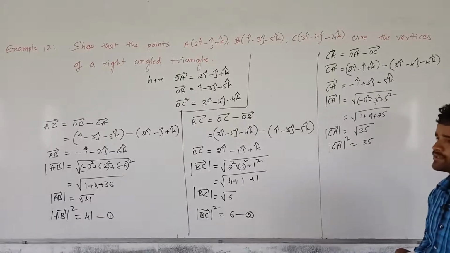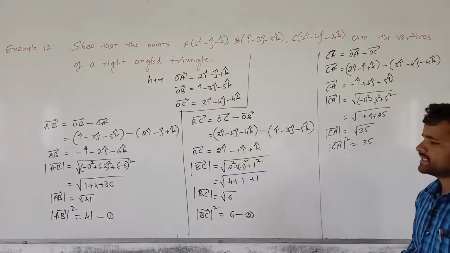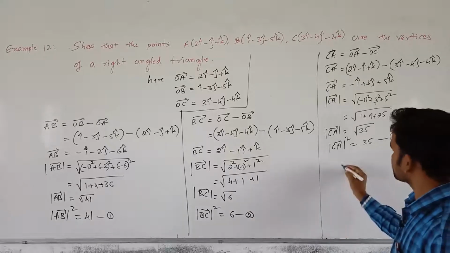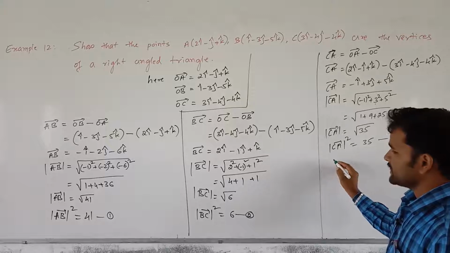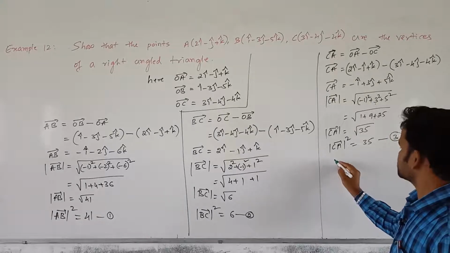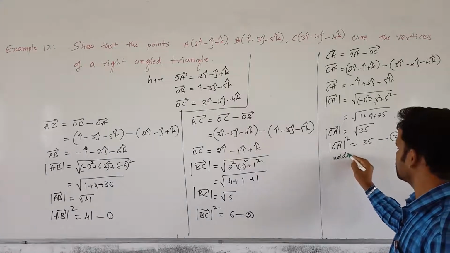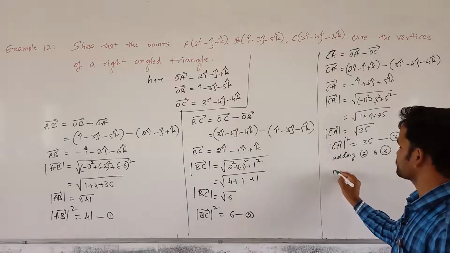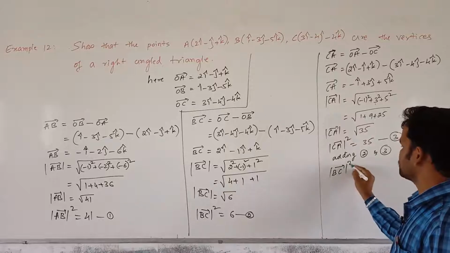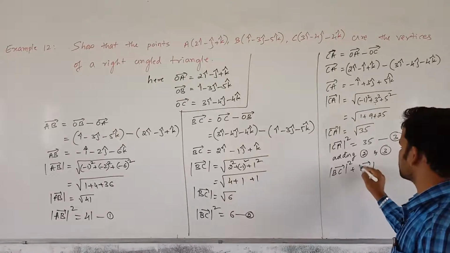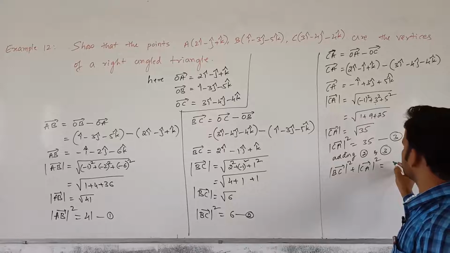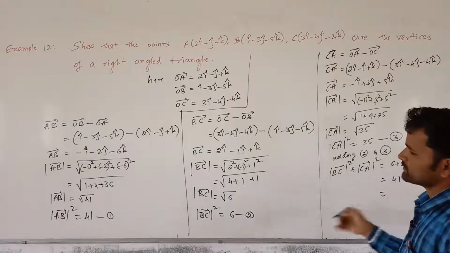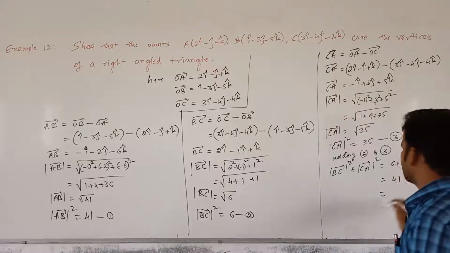Now are we getting the sum of squares of two sides equal to the third side? Yes, you see this is the third one. Adding 2 and 3, we have BC square plus CA square is equal to 6 plus 35. 6 plus 35 is 41. 41 is nothing but AB square.